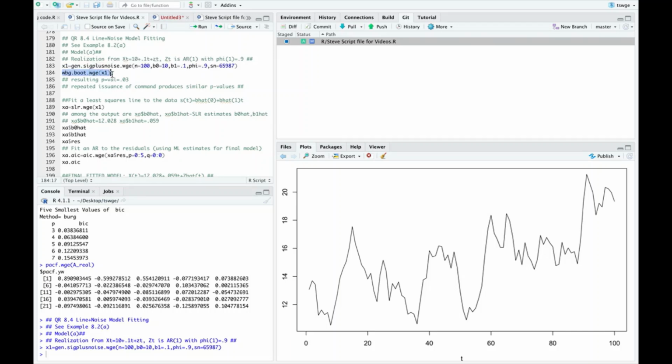wbg.boot.wge, hard to say, of whatever the data set is, which we called x1. Now, hold on, let's think about what we're expecting here. It's going to give us a p-value. It's going to give us some other things too, but we care about that p-value because remember, the null hypothesis is that b1 equals 0. That means that the slope is 0.